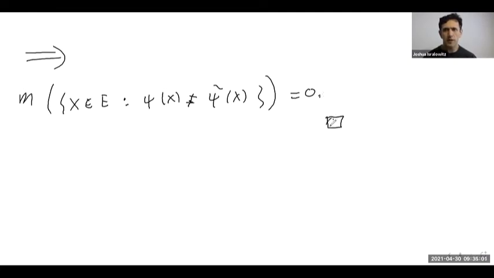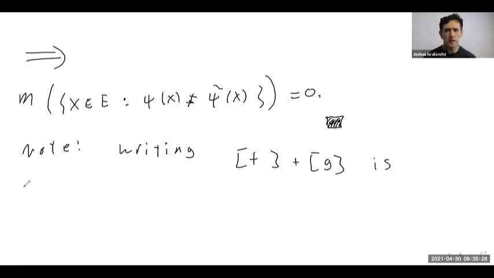Just some annoying technicality that in theory we really have to deal with. In practice, let me just talk about what you really do. In particular, writing F class plus G class is really awkward.